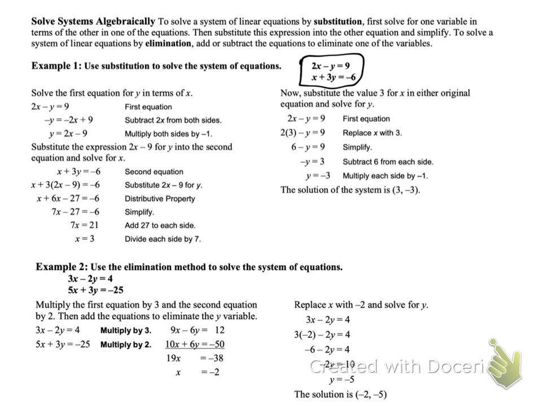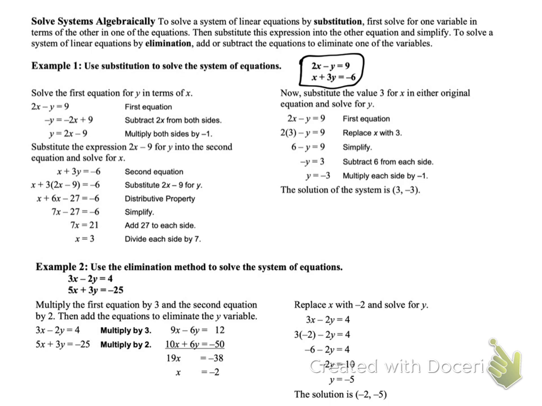I'm just going to do it on the board so you can see it, but it's all written out in the notes for you, so you can just watch and pay attention, okay?